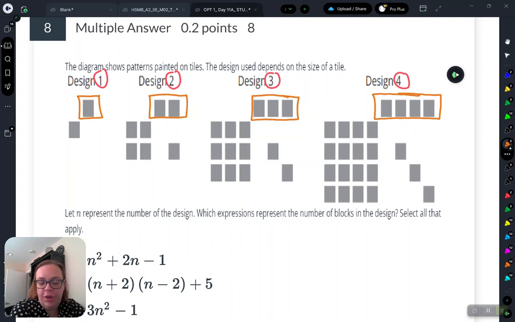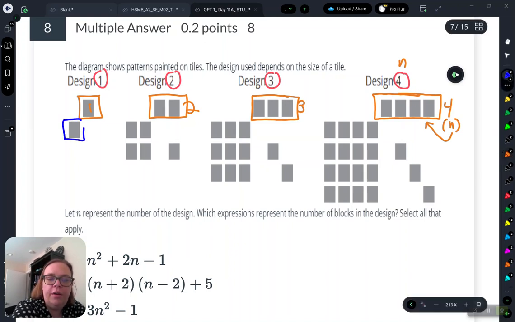If the design number is 1, there's 1 block. Design number 2, there's 2 blocks. Design number 3, there's 3, etc. So you can essentially think of, if the design number is n, then this is n blocks, this piece right here. The other thing I see is there's this square.